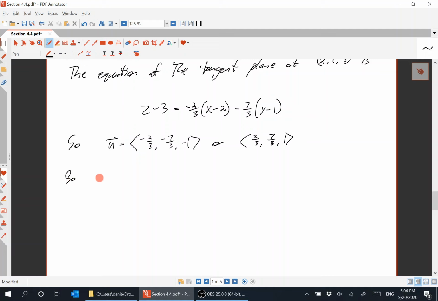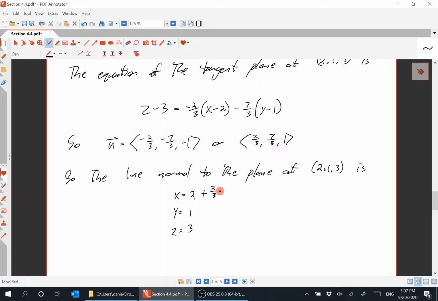So the equation of the normal line to the plane at the point (2, 1, 3) is x, y, z equals 2, 1, 3, plus 2/3 t, plus 7/3 t, plus t.